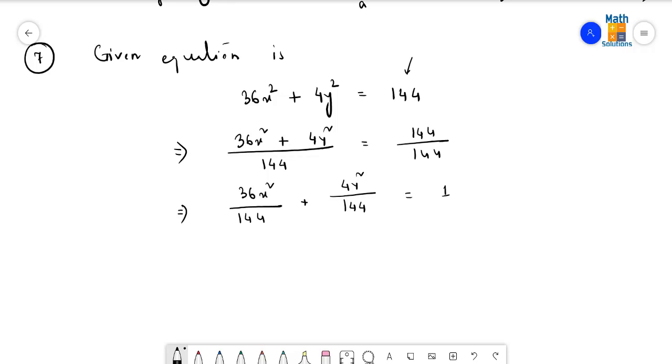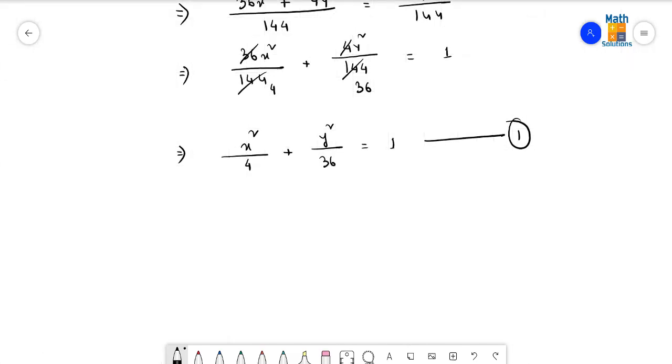So after this, on reduction, what do I get? On cancellation, it should come as 4. Then on cancellation, it should come as 36. So x square by 4 plus y square by 36 is the required standard form, and we are going to mark this as 1. So the rest of the things to be done here will be exactly similar to question number 2. So let us proceed.